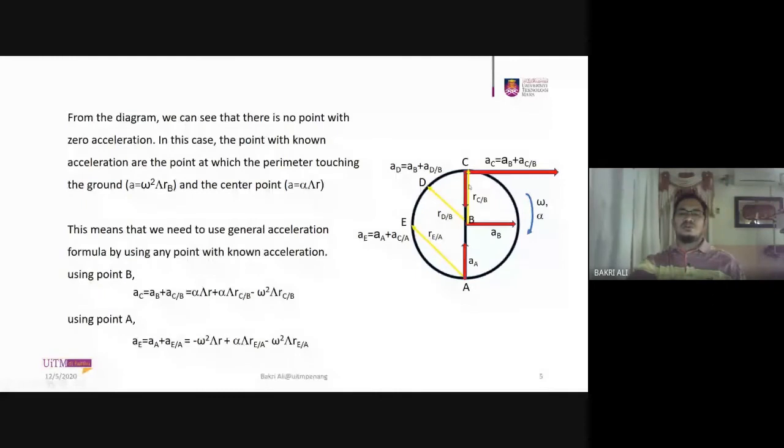And we can also use point A. In this case, let's say we want to find AE.